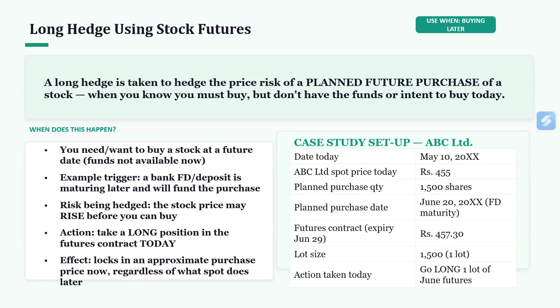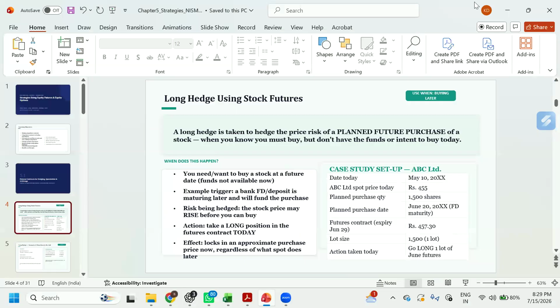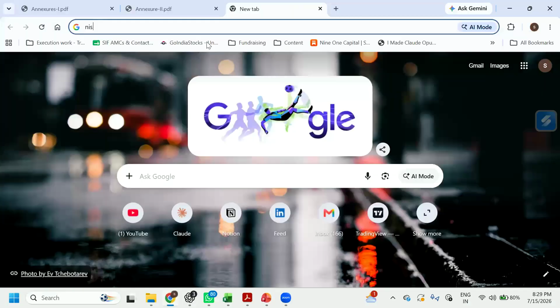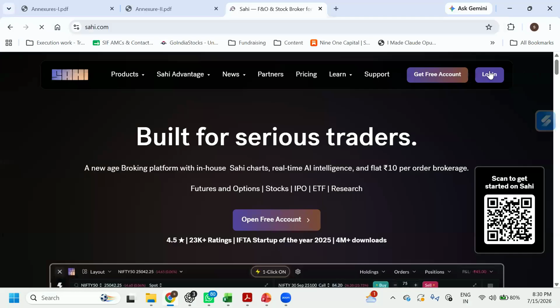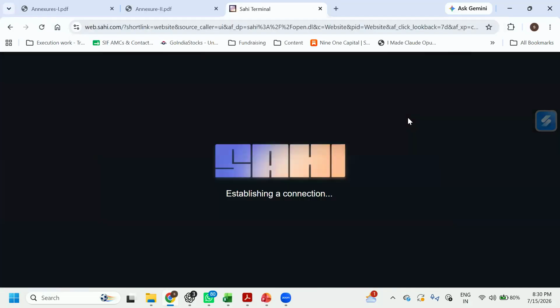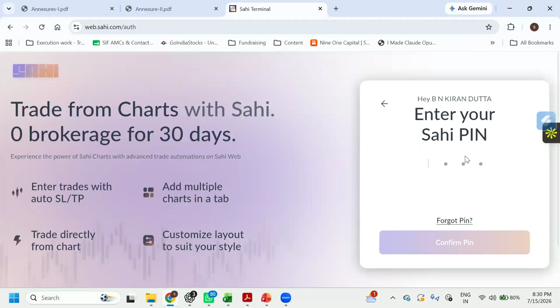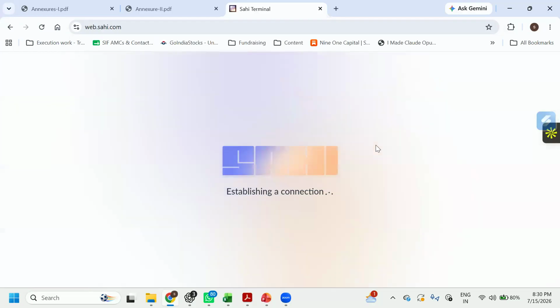For example, you wanted to buy a particular stock, say Reliance. Give me a second, let me open my broker so that it is easy for us to understand. Just give me a second, guys, sorry. Okay, we will go back to the Reliance example itself.